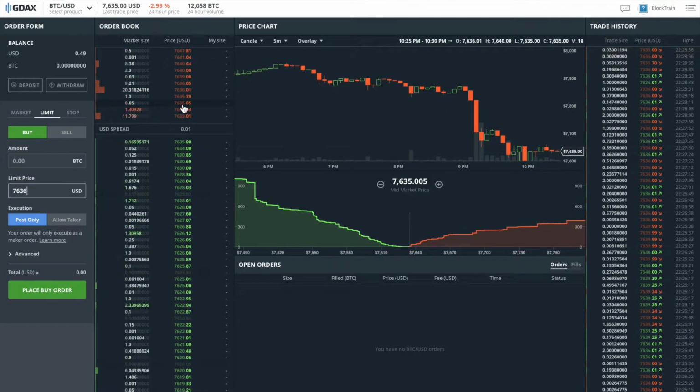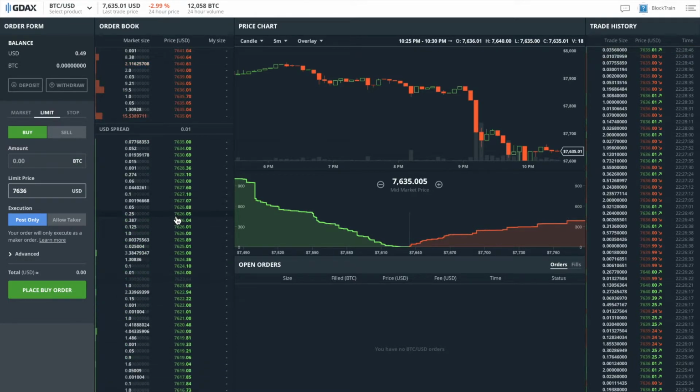Then everything moves over, and the limit buy order that you have would actually move down. So there's always a possibility with limit orders that the market will move under you and your order will not execute. You have to make sure that it's all filled. If it's not, you're going to have to cancel your order, click the top price again, make another limit order, and do it again until you've gotten your share of Bitcoin.